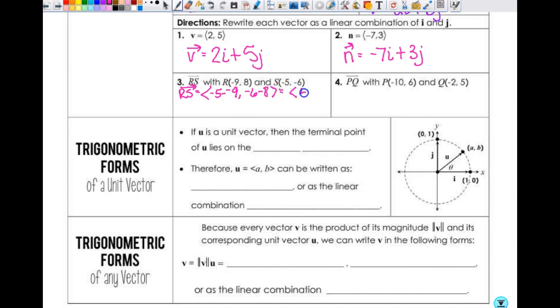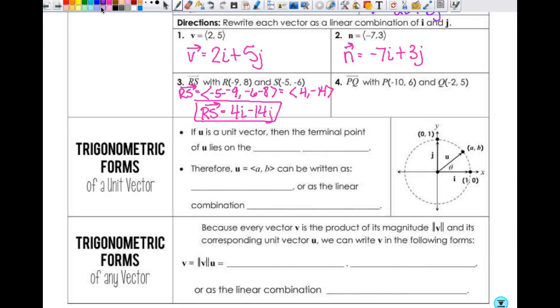So it's going to give me ⟨4, negative 14⟩, which means that vector RS can also be written as 4i minus 14j. All right. What questions do you have? Component form versus linear combination.